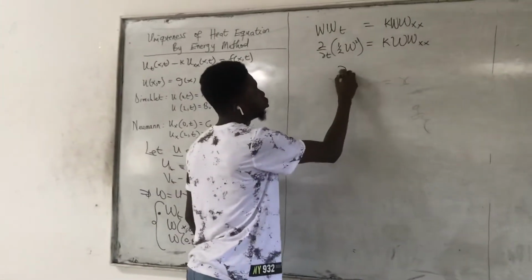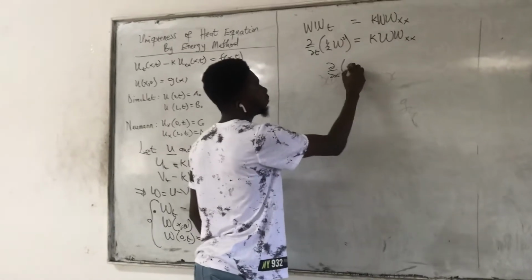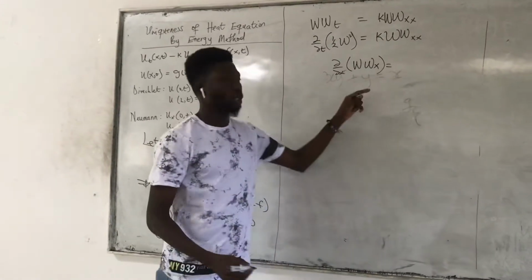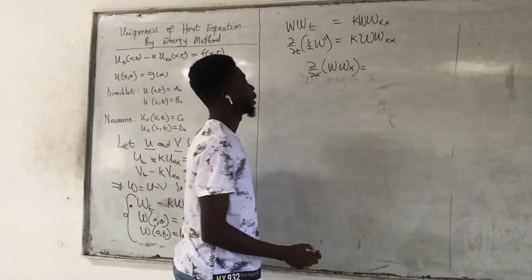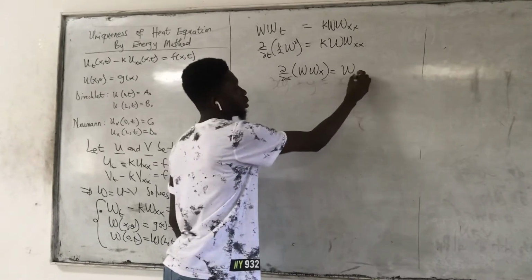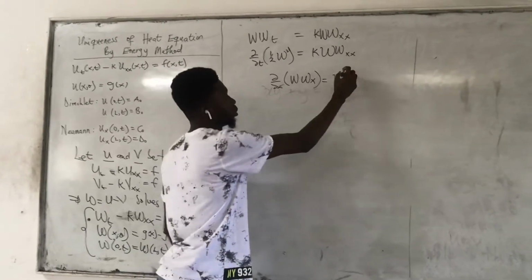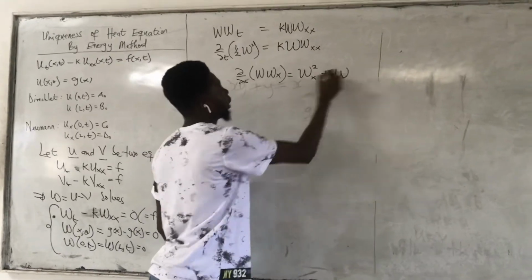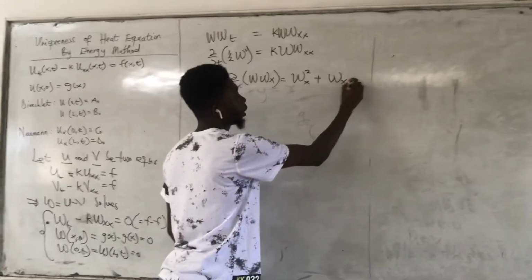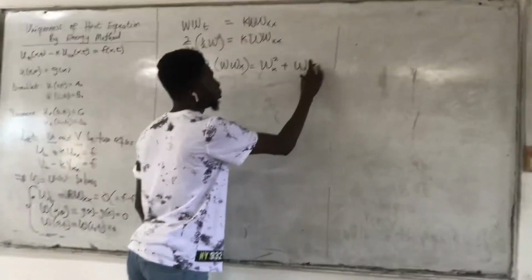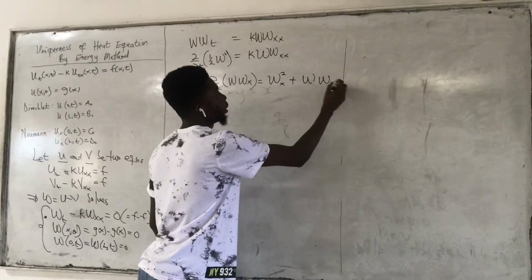Should we find the derivative of W W_x, we apply the product rule: the derivative of W is W_x, and we already have one W_x here, so that gives us W_x squared, plus, this time we maintain the W and differentiate W_x, giving us W W_xx.